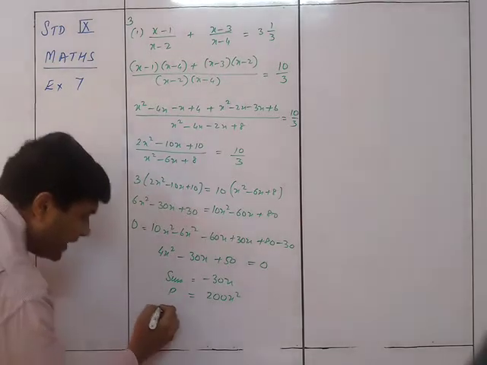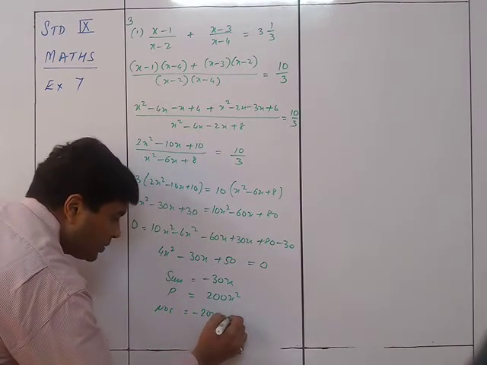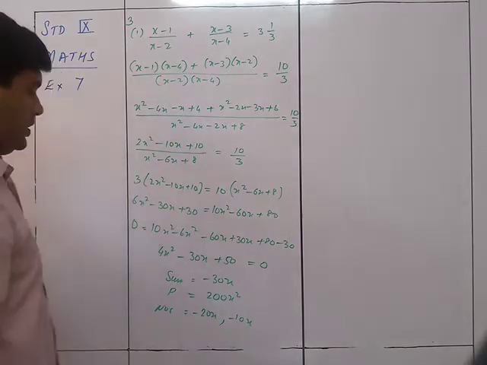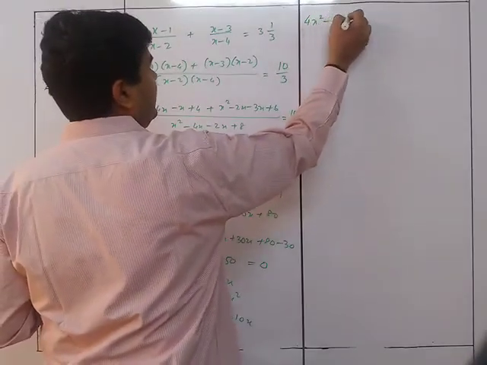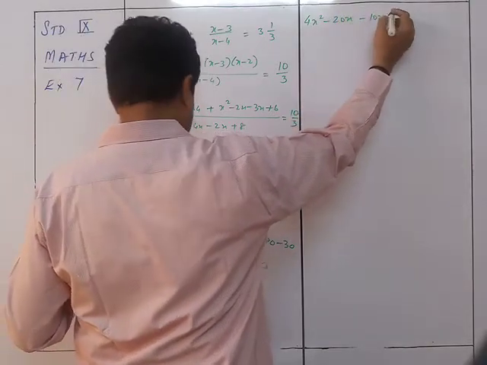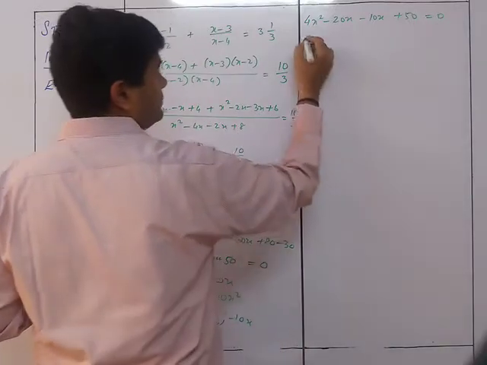So we have the numbers to be as minus 20x minus 10x. According the equation will be 4x square minus 20x minus 10x plus 50 is equal to 0.